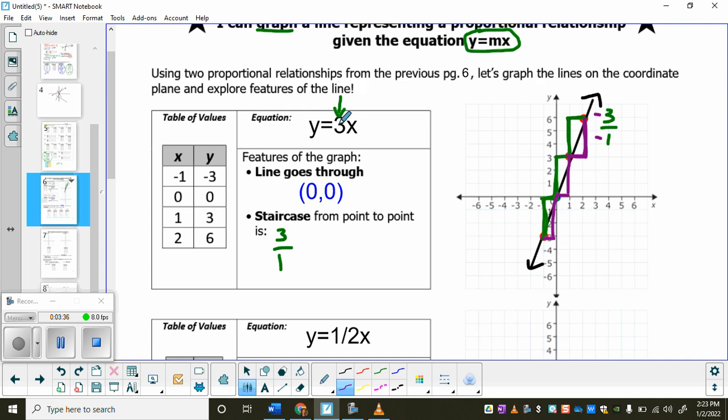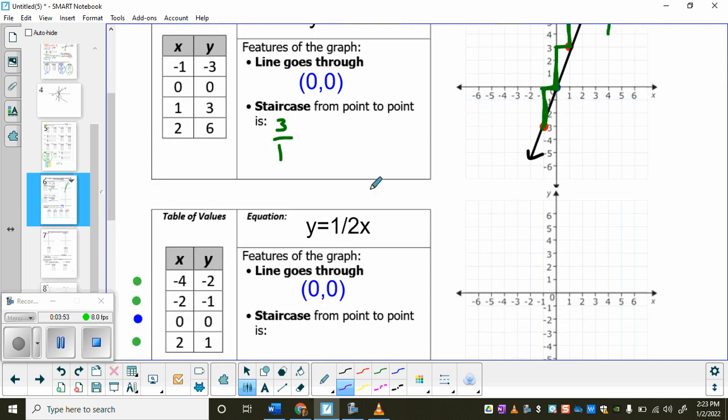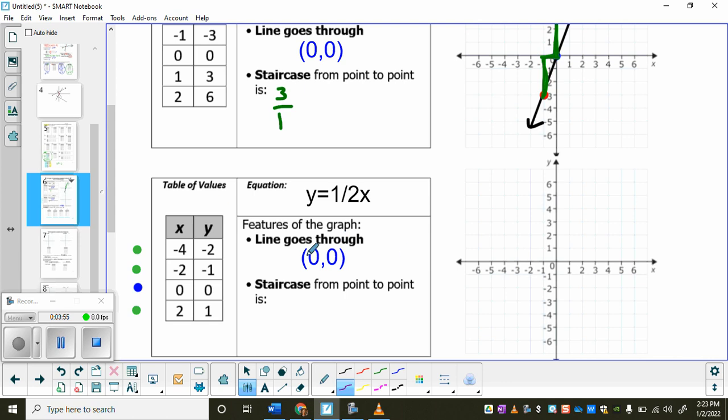But I'm going to undo that just because I don't want anybody to get confused. I'm just trying to point out that even if you did it that way, it would still work. So my staircase here again, I went up 3 and then over 1, up 3 over 1, up 3 over 1.